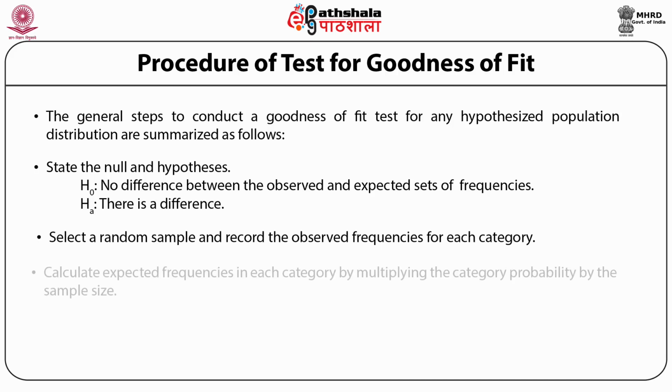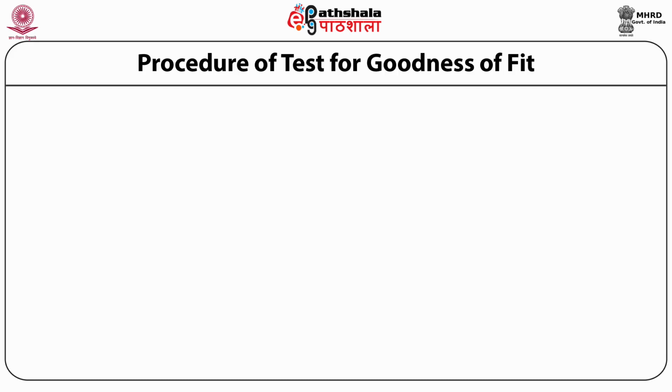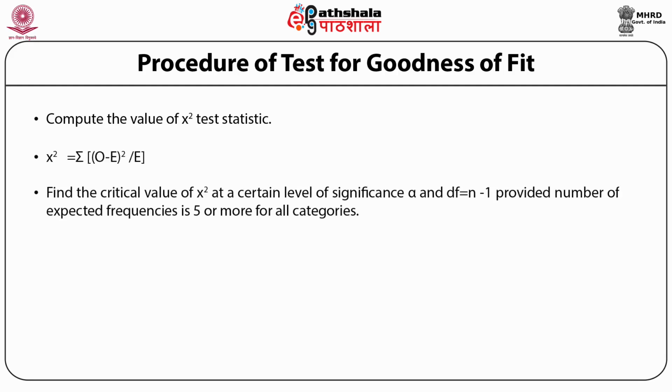After that, you calculate the expected frequencies in each category by multiplying the category probability by the sample size. Then you calculate the chi-square statistic with the help of the formula that we have just discussed above. Once you have calculated the chi-square value, find the critical value of chi-square at a certain level of significance alpha and at the given degrees of freedom, provided the number of expected frequencies is 5 or more for all the categories.